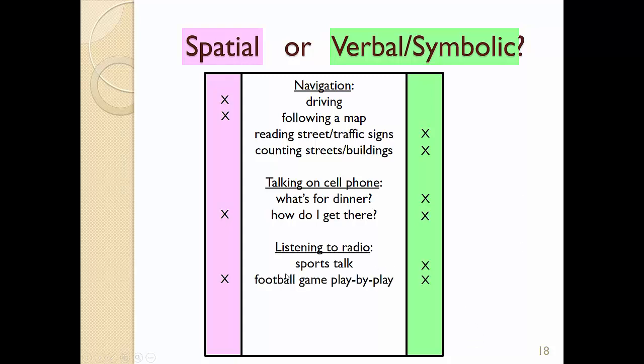I like this example too, a football game or any sports play-by-play. If you're listening to a radio, a really good sportscaster will say things like, the Aggies are moving the ball left to right across your radio dial. At first I'd think, well, what is that? Left and right are meaningless to me when I'm riding in my car and listening to the radio.